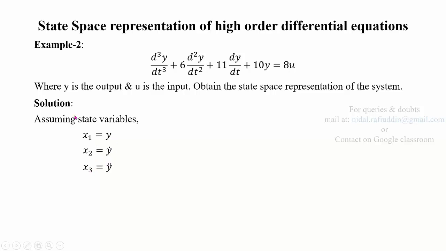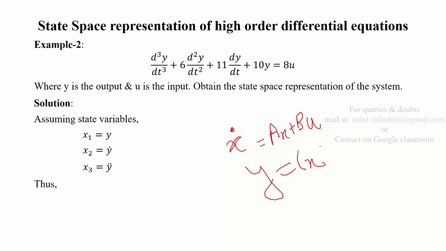Now from this we obtain a relation among x1, x2 and x3. I forgot to mention yesterday that the state space representation looks like this: x dot is equal to Ax plus Bu. This is the state equation, while the output equation is given by y equal to Cx plus Du.